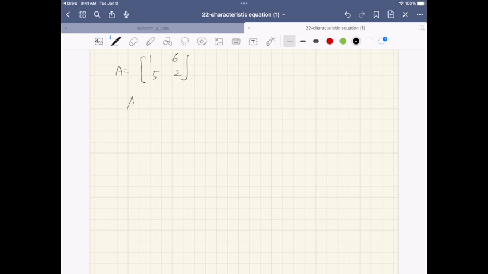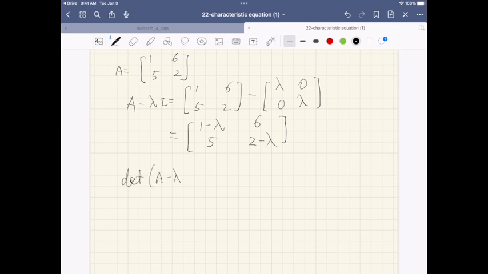So what does A minus lambda I mean? Because I is the identity, multiplied by lambda, the diagonal entries become lambda, otherwise 0. So you subtract lambda from each diagonal entry and copy the other entries. That is A minus lambda I. And then what is the determinant? For a 2 by 2 matrix, it is just cross multiplication and taking the difference.